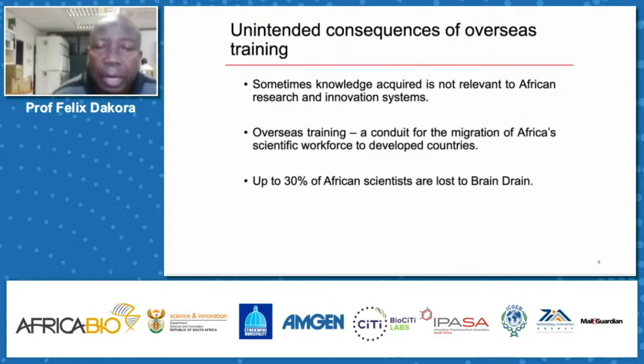And up to about 30% of African scientists are lost to brain drain. Now, some people talk about brain gain. I'm not too sure I'm convinced by it, given the number of Africans I've seen abroad. But it gives you at least some feel of the statistics as to what's happening in the continent as an unintended consequence. Next slide, please.